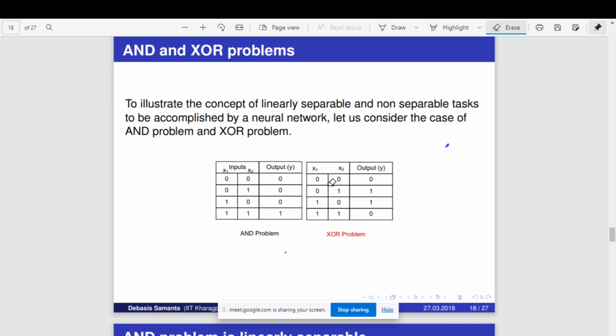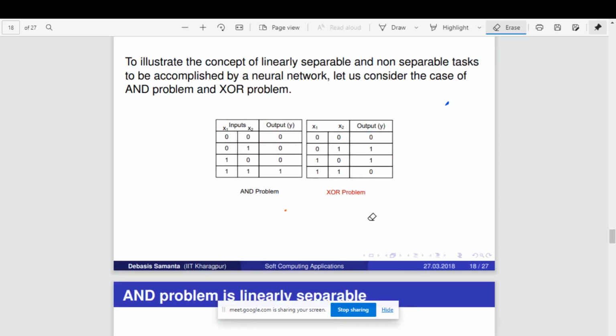This is XOR logic: 0 0 is 0, 0 1 is 1, 1 0 is 1, 1 1 is 0. Only when the inputs are different, the output will be 1. If the inputs are the same, then the output will be 0 in XOR. When both inputs are 0, the output is 0, and when both inputs are 1, the output is also 0.